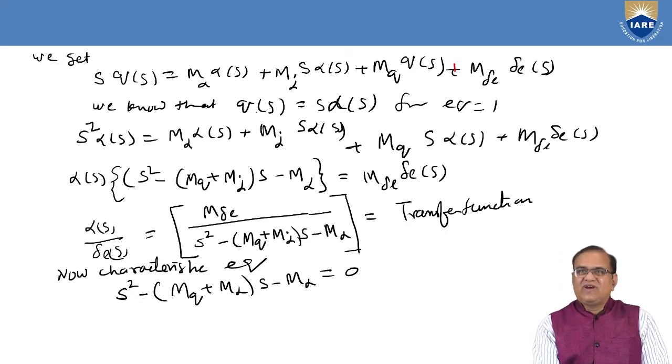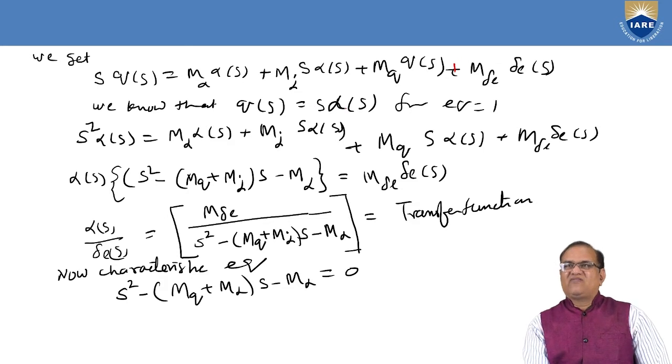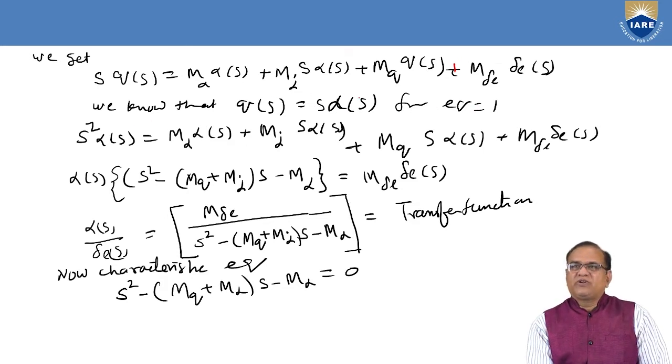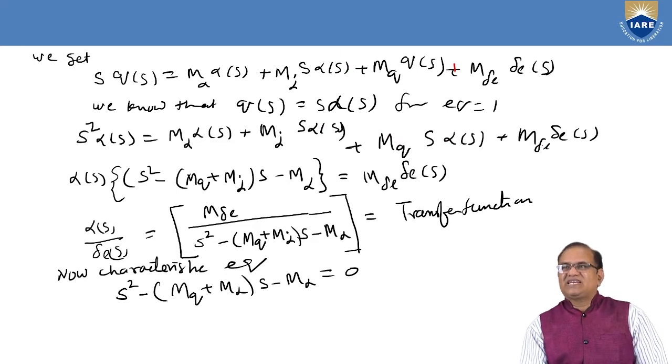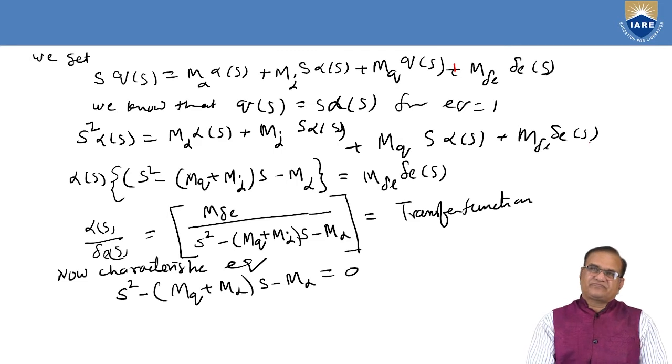We know that Q(s) is equal to s alpha(s), so for Q(s) we will put s alpha(s). It becomes s squared alpha(s) equals m alpha into alpha(s) plus m alpha dot s alpha(s) plus m q s alpha(s) plus m delta E into delta E(s).